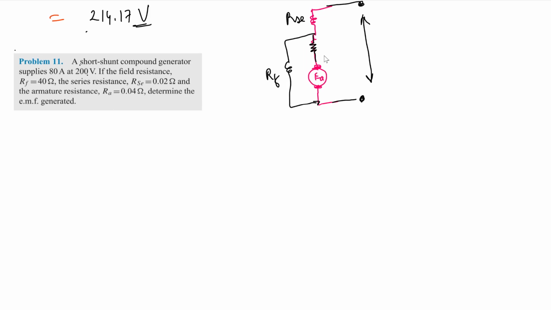The terminal voltage is given as 200 volt. A short shunt compound generator supplies 80 ampere at 200 volt, so the load current is 80 ampere, if it is connected to some load.